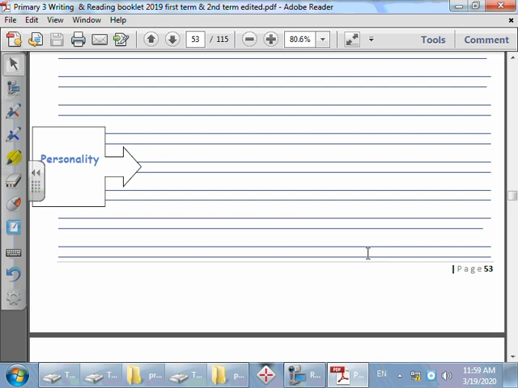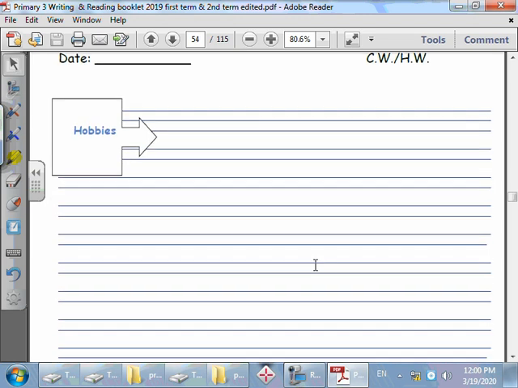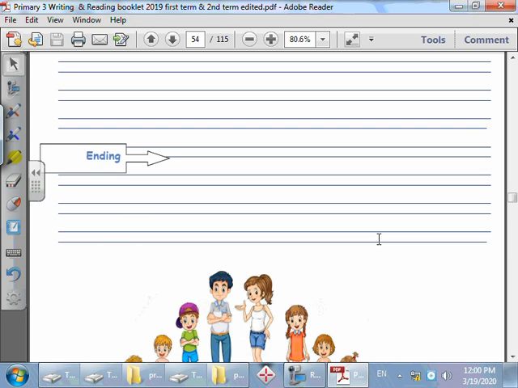Okay, anything about her personality and why did you choose these personalities? And then the hobbies, what does she like the most? And then the ending, the last paragraph, finally, I love my mom because. So why do you love your mom, for example?